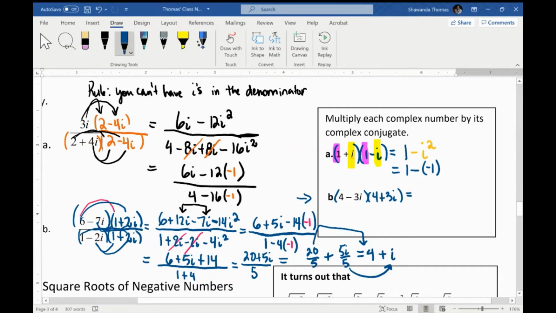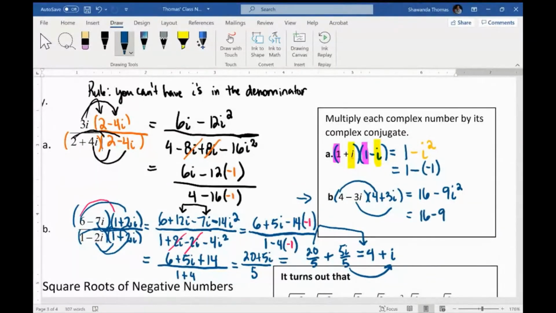All right, so again, you can FOIL all of it out if you want to. No problem. I just know the rule: when you multiply conjugates together, the middles will cancel out, sort of like difference of squares. So 4 times 4 is 16, and negative 3i times positive 3i is negative 9i squared.